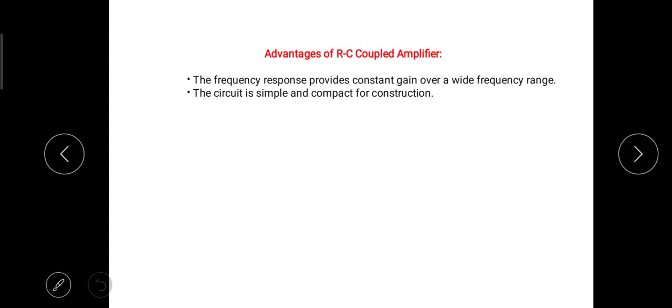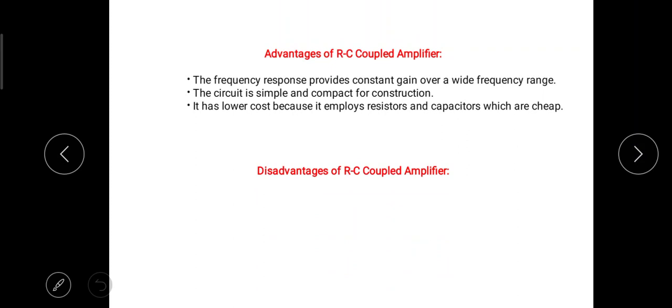Second, the circuit is simple and compact for construction. And third, it has a lower cost because it employs simple resistors and capacitors, which are very cheap.